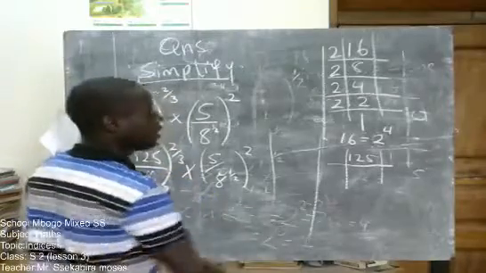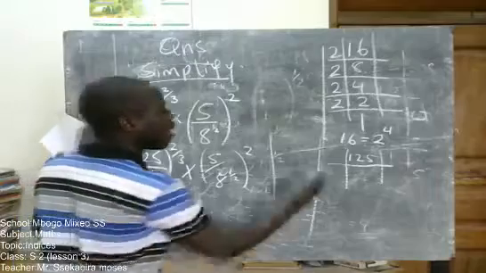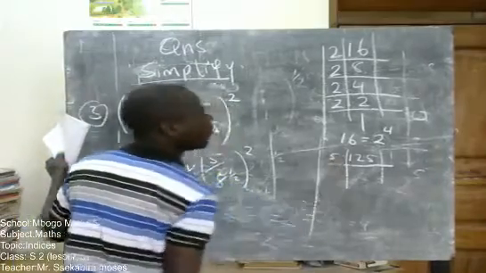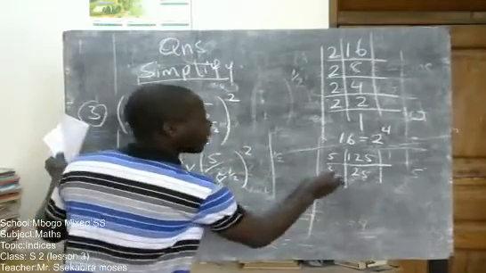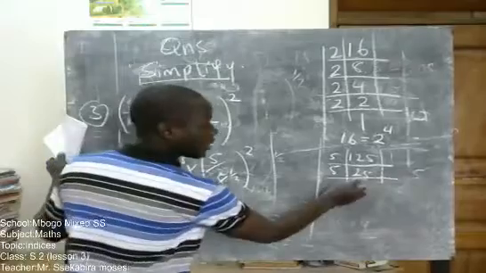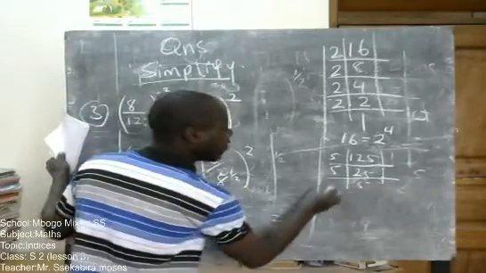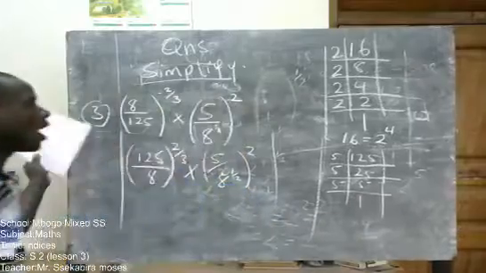Using what? 2 cannot go through. We have 3. We have 5. 125 divided by 5, what do you get? You get 25. By 5, you get 5. By 5, you get 1.